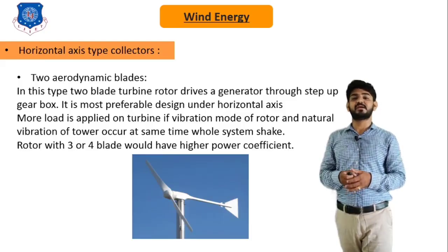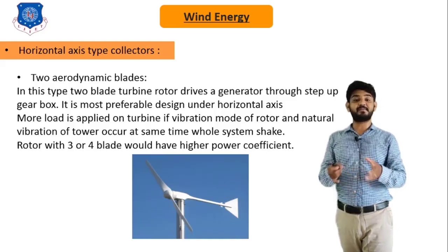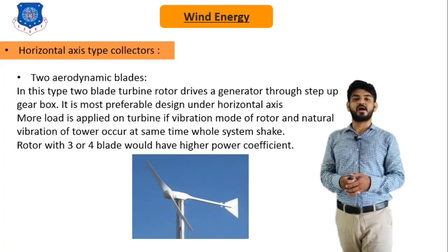This type of collector is most preferable in the horizontal type. If the vibration of the rotor and the vibration of the tower occur at the same time, it shakes the entire wind energy conversion system, which is a bit risky.